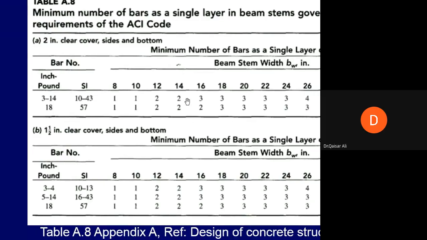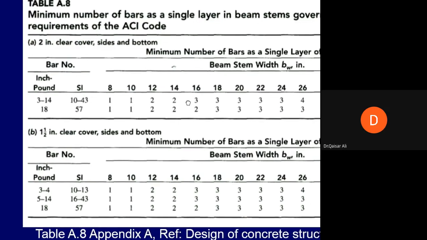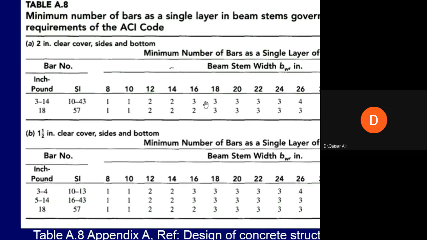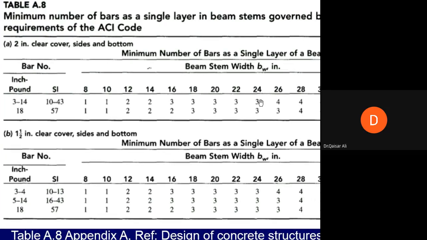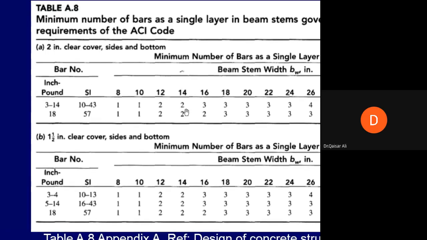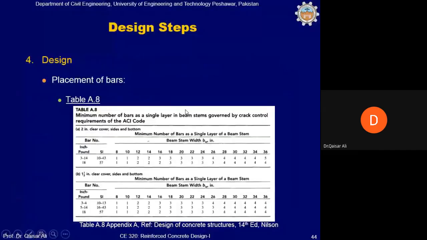When the beam width exceeds 15 inch, up to 24 inch, at least 3 bars should be placed, regardless of how many bars are required. So these are the minimum number of bars required in one row, in one layer.